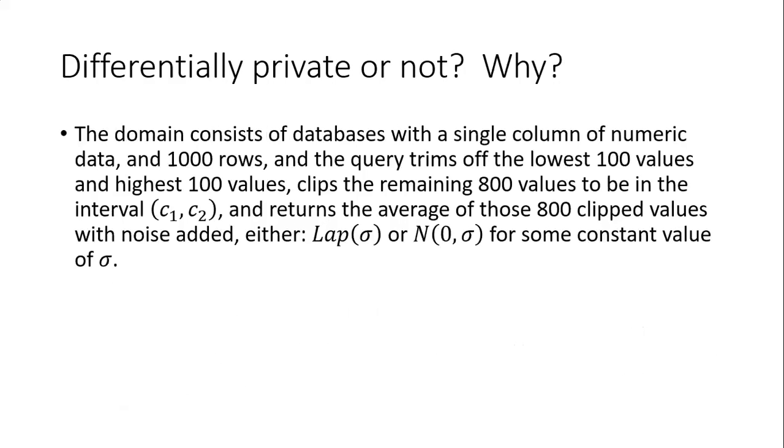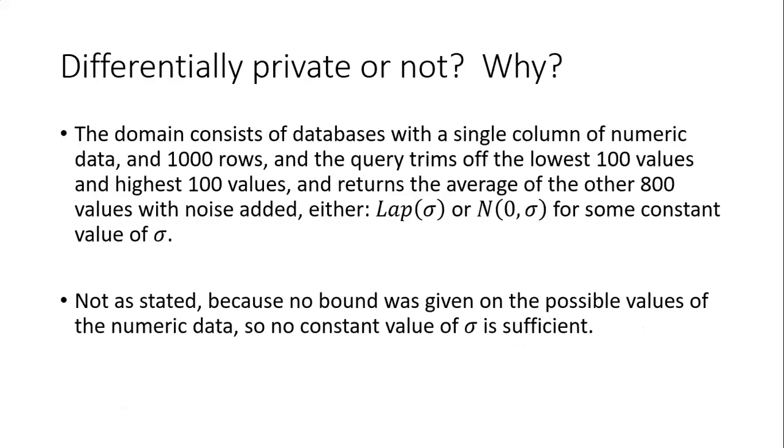In this other example where I don't know a bound on the numerical values, I can't compute the sensitivity of the function, so I bound it. Now, you often know a lot about the data. If you know what the values should be, then you can clip.